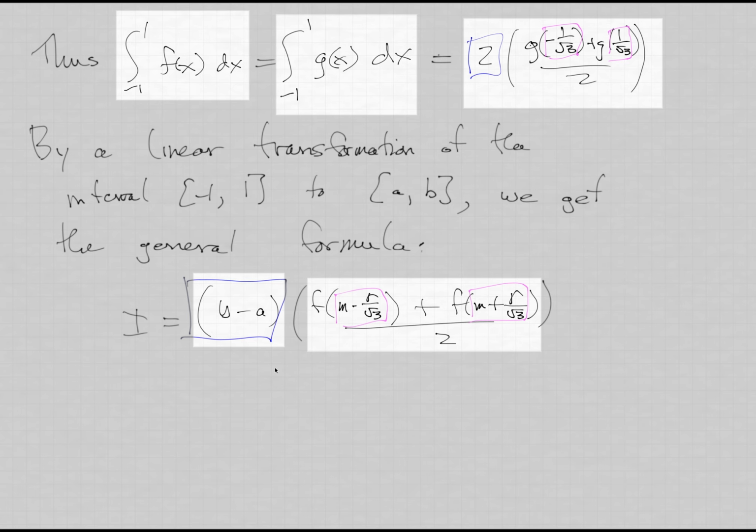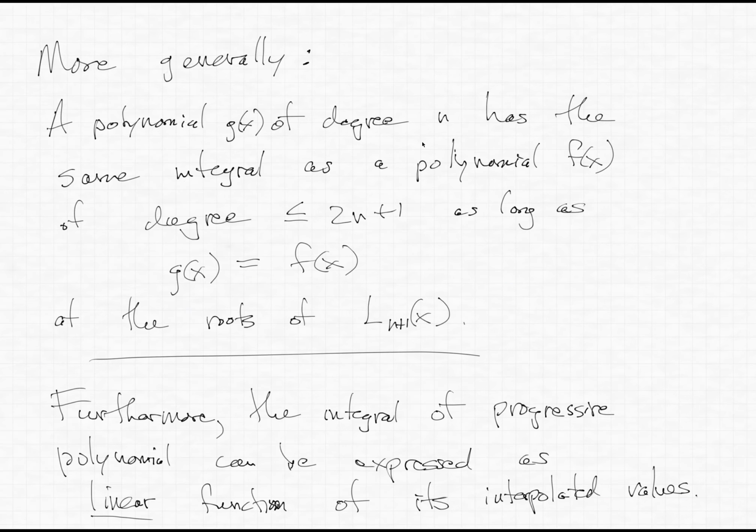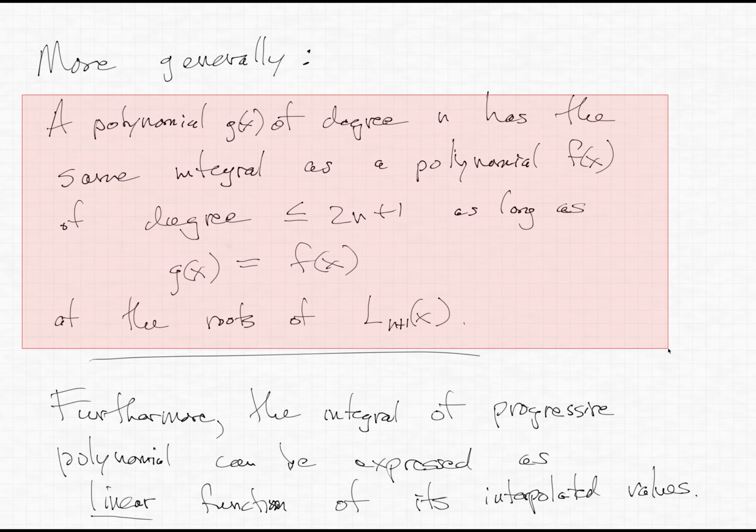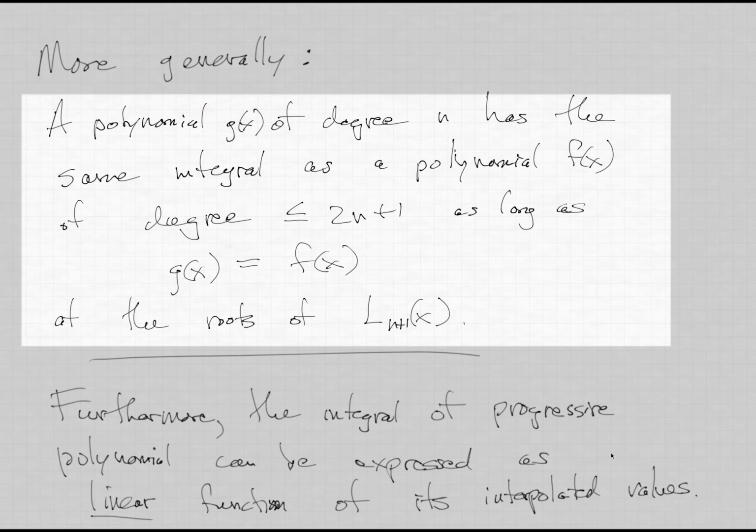Okay, let's try it out. Well, I'm sorry, before we try it out, we kind of did try it out, didn't we? I did some examples earlier, but first let me generalize it, and then I'll do some more examples. You can see how you could do this with different values of n, with different degrees of a polynomial.